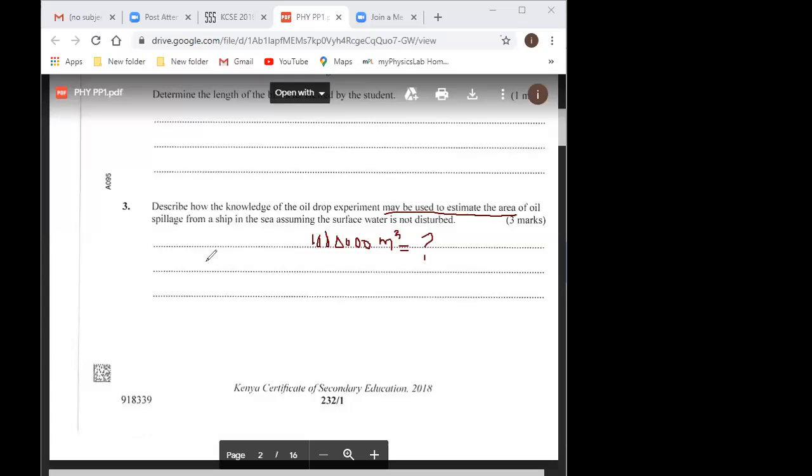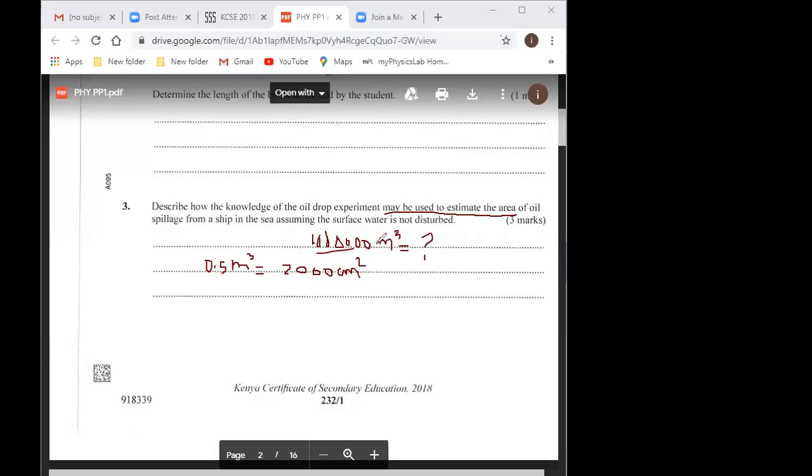Let's say your container is 0.5 cubic meter. Being just a little amount of oil, you can pour it on the surface of the water and check the extent of the spread. Maybe it is going to occupy, let's say, 2,000 square centimeters.